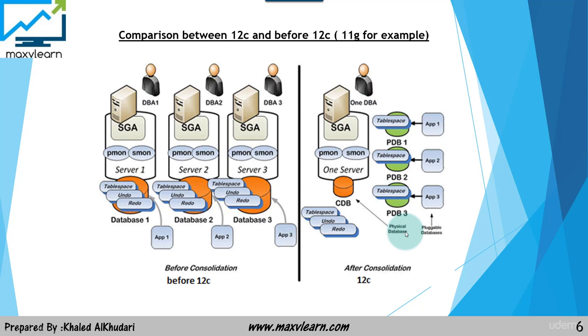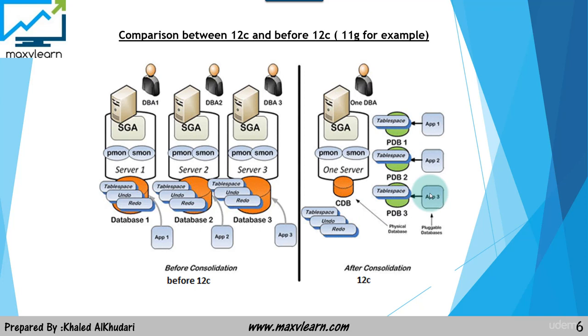So it makes my life easy. It cuts cost and is also easy to manage. When I make a backup for the container database, I'm already doing a backup for pluggable databases 1, 2 and 3.